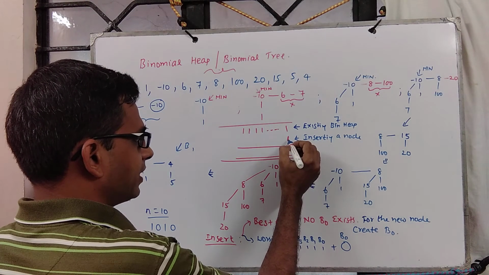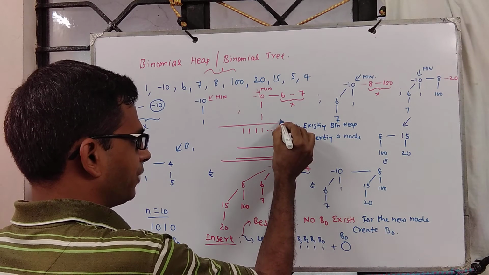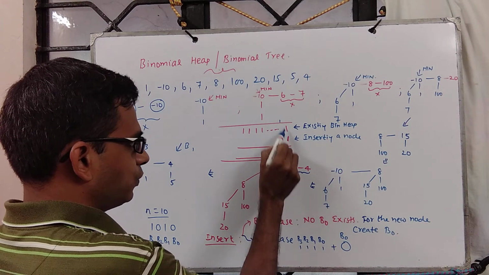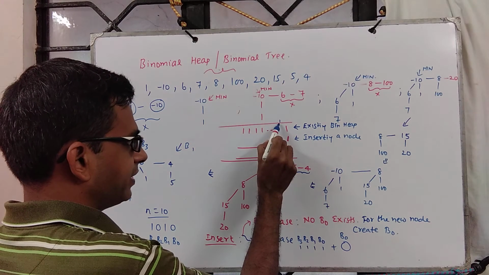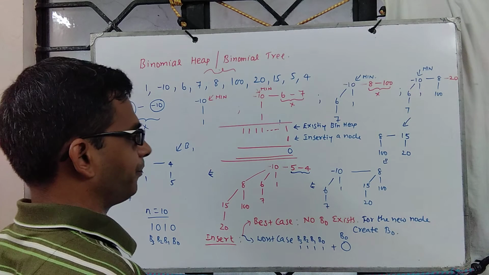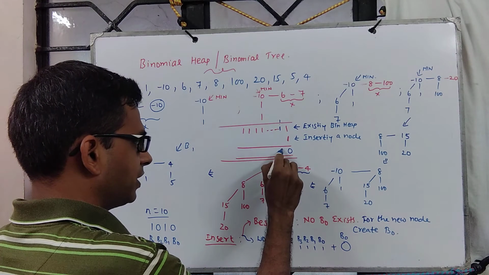Now what is this telling us? 1 plus 1 is 0 and a carry 1. That means when we merge two copies of B0, we create a copy of B1. That is what is indicated by this carry, and we will not have B0 at all. And we already have a copy of B1.